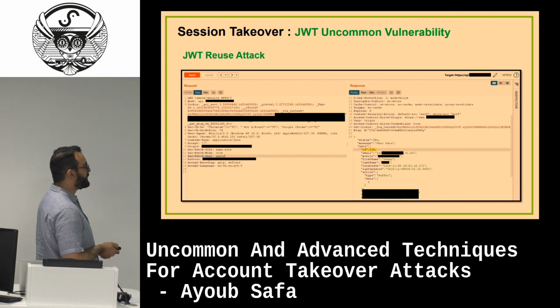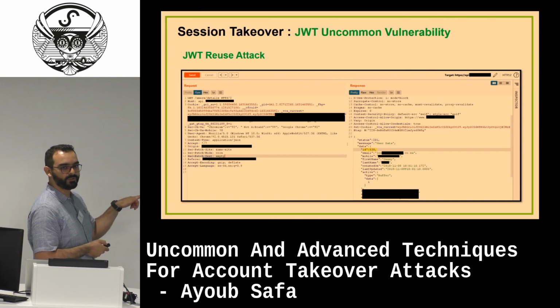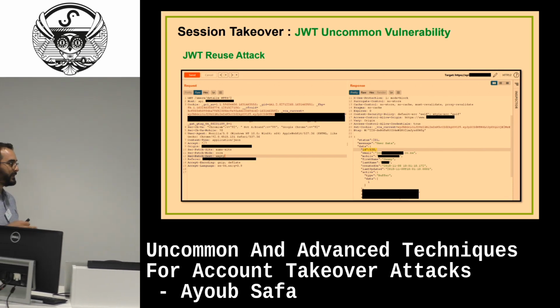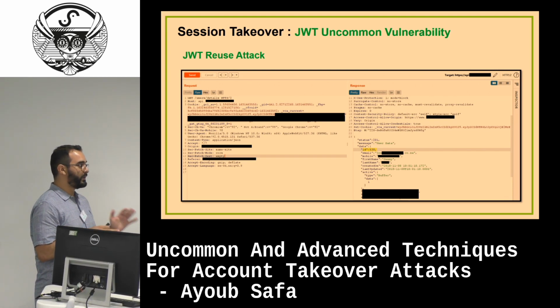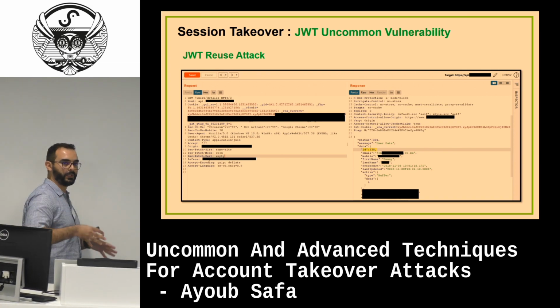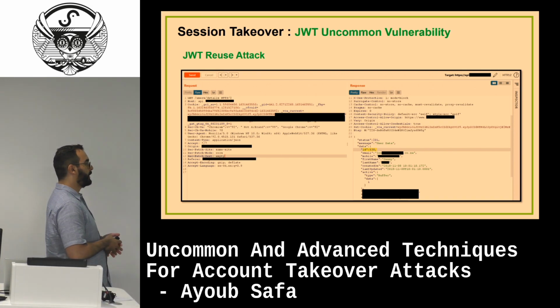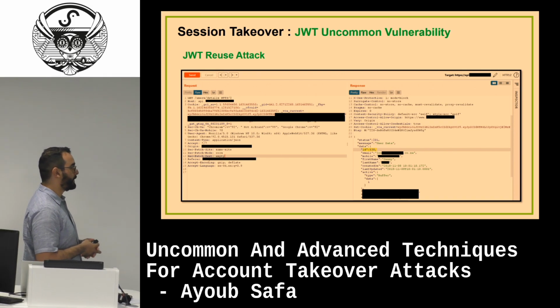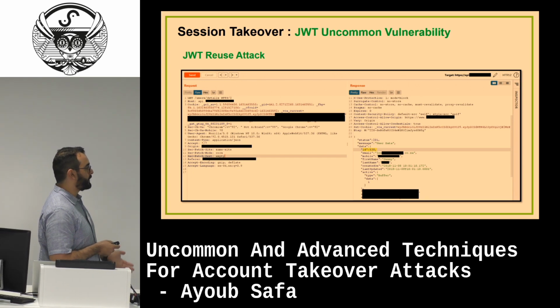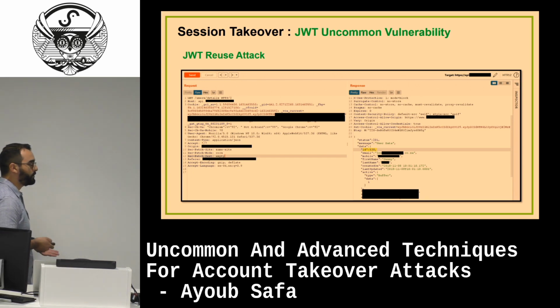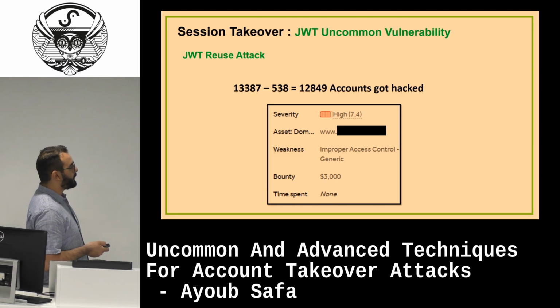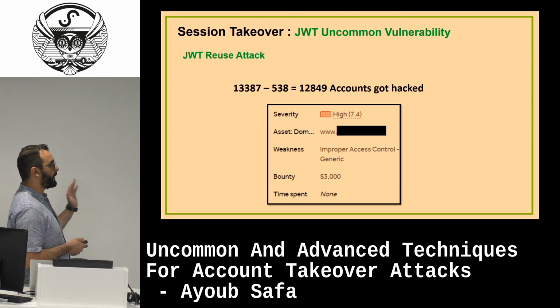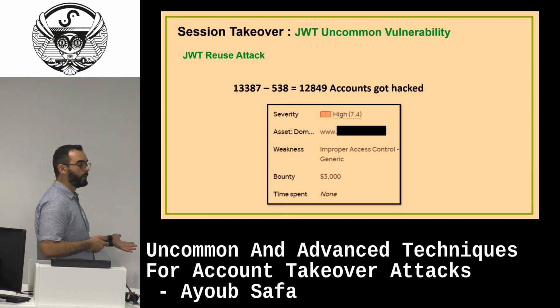And then you have access to the user 538, but this time in the production environment. It appears that both applications are using the same encryption keys for signing JWT, which is considered critical. Since now, basically, if you do the math, I can hack more than 12,000 accounts using this issue.